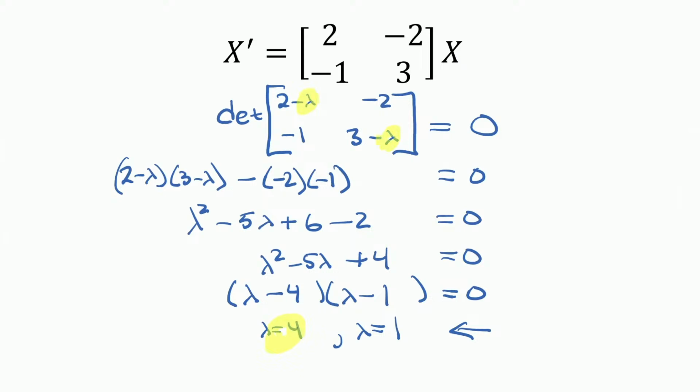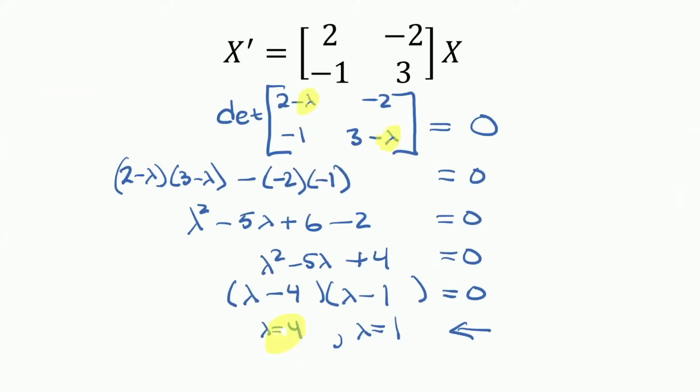And then we're actually going to solve the equation. So let's see, 2 minus lambda. I got to remember this thing. So here it is. So we have 2 minus lambda and 3 minus lambda, and there was like a -2 and a -1, I think. Let me see. Yeah, that's right. And then it's 4 and 1.